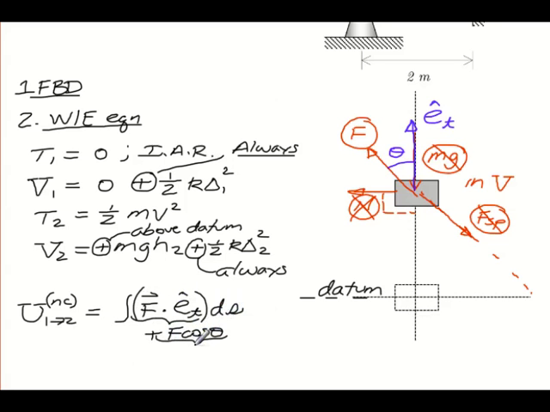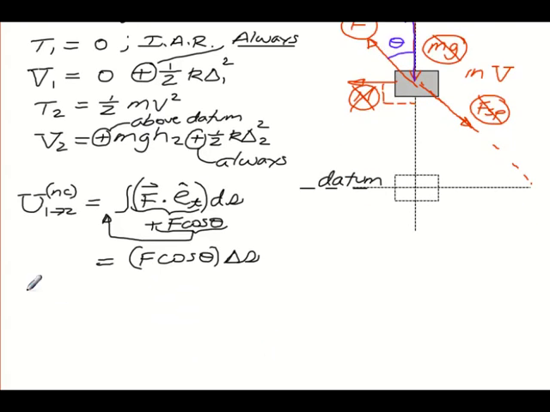And since F and the angle are constants, we can bring that on the outside. So the work is just going to be F cosine theta times the distance delta S through which B moves.